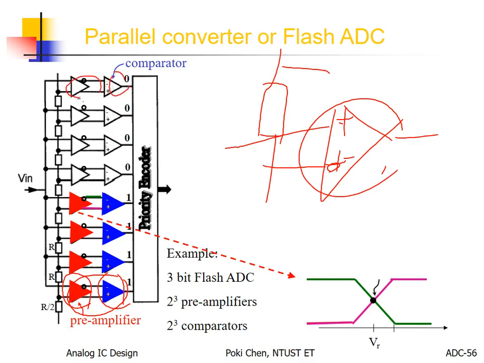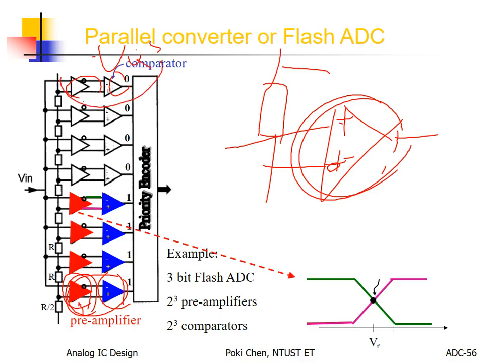Why? Two major reasons. First of all, with such a preamplifier, we can reduce the impact of the input offset voltage of the comparator, the so-called VOS. If you have only one stage, it means the gain needs to be much higher than the current structure.